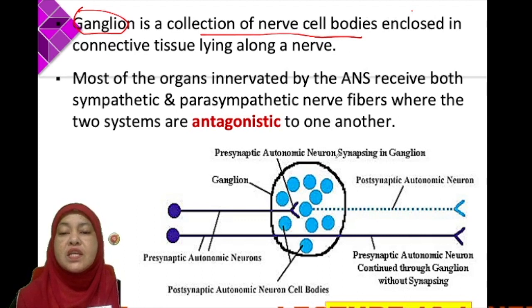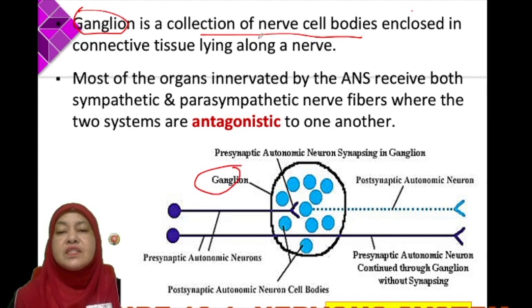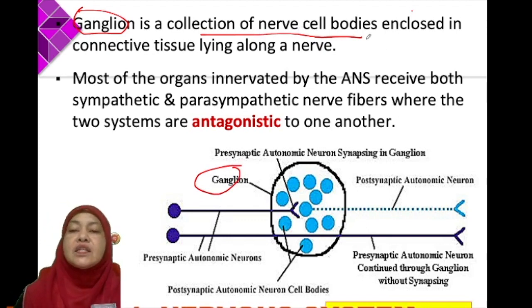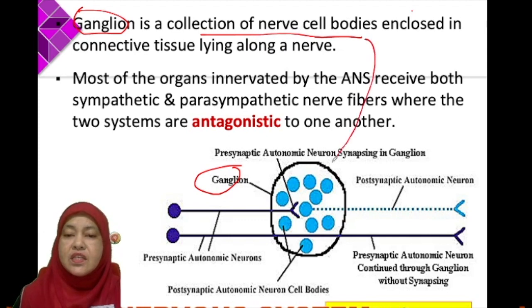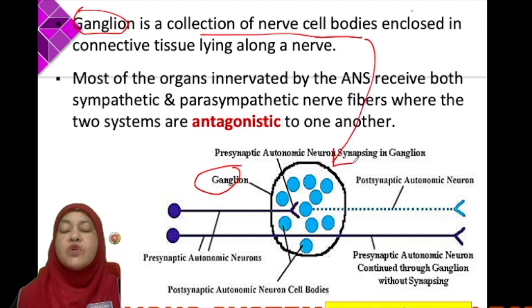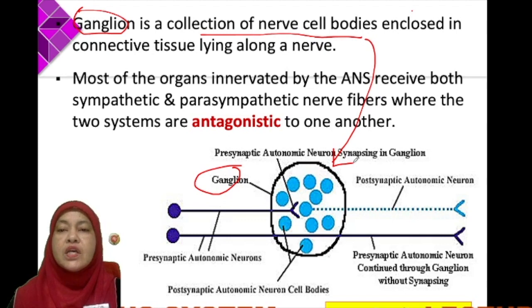From this diagram, you can see what the teacher means by a ganglion. Here it shows all the cell bodies of the nerve cells, or neurons, enclosed by the connective tissue. That is a ganglion.